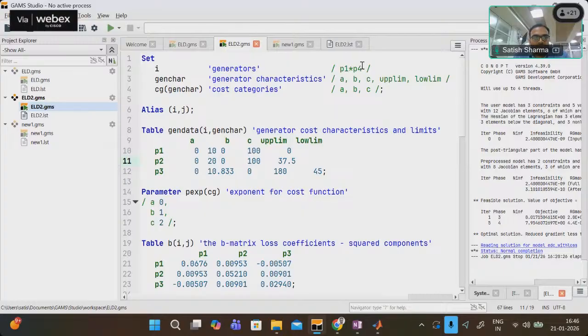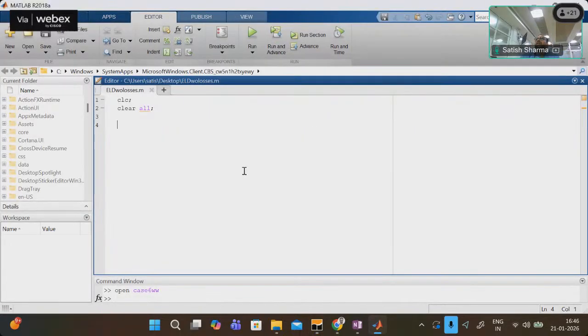So okay, let's not go into that and move to the MATLAB. The lambda iteration method is basically simple: some steps are given, so you can use those steps and start writing your own code. You can implement that code in any language, either C, C++, Java, MATLAB obviously, or Python.